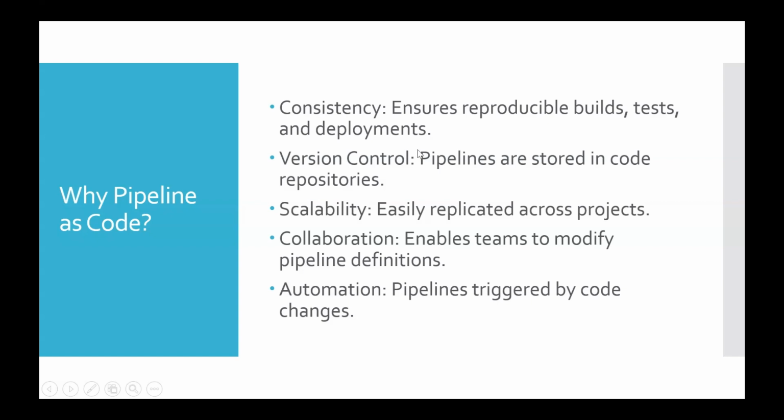The second one is version control. You can store your pipeline in the code repository. So whenever someone has to modify your pipeline, they will have to go through that branching strategy. They will have to create the feature branch, make the changes in the feature branch, and create the pull request.